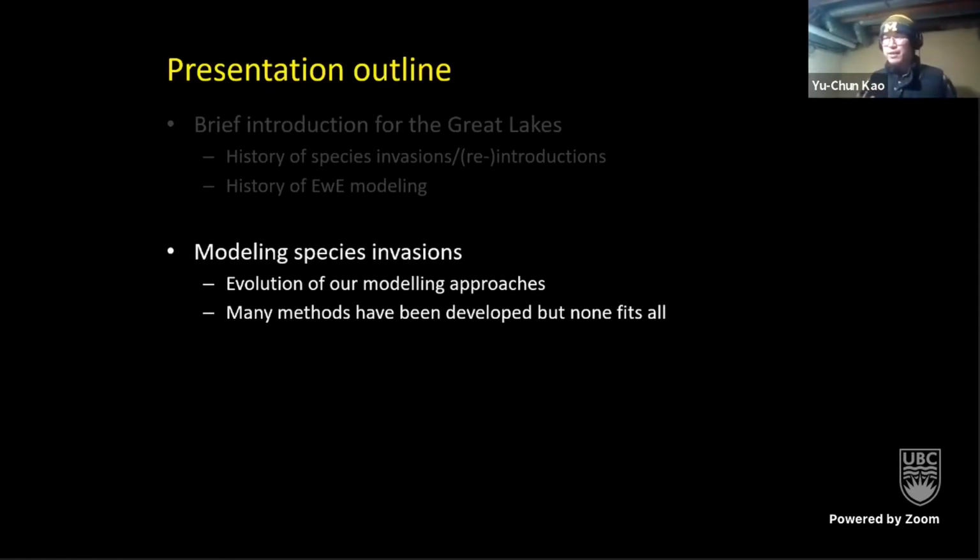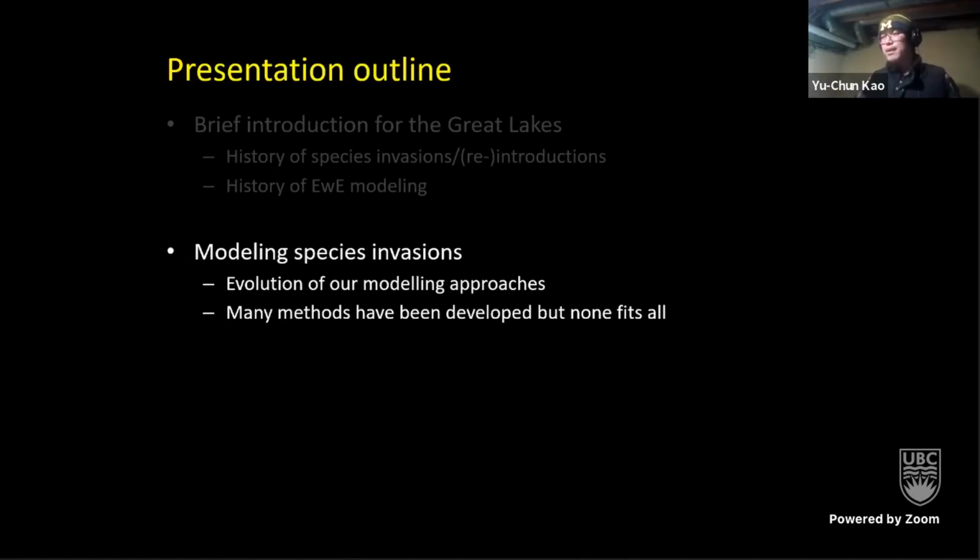For an Ecopath with Ecosim modeler, it is not really a problem. You just have that species as a group or multi-stanza groups in your Ecopath. Then you just do everything the same as you would for an ecosystem without any invasive species.